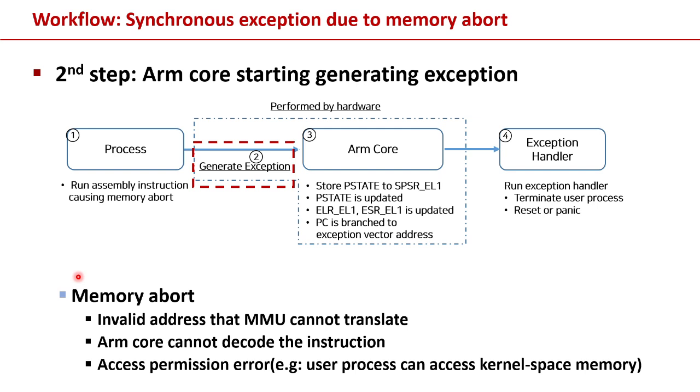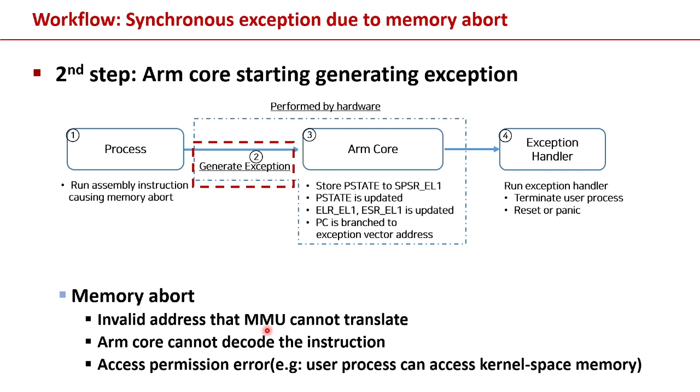If your driver code or any kind of software in a user application accesses an invalid address, it may cause memory abort because the MMU cannot translate the invalid address.